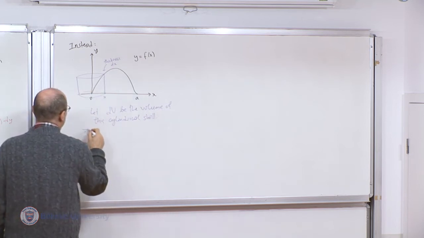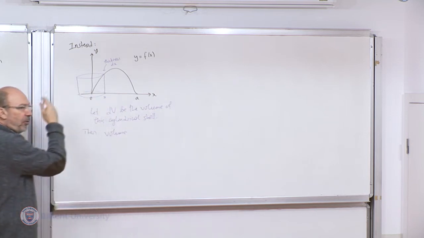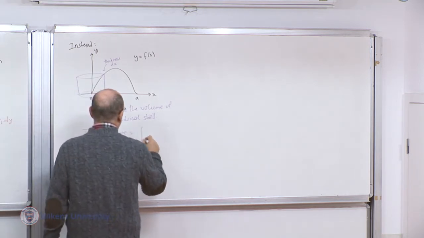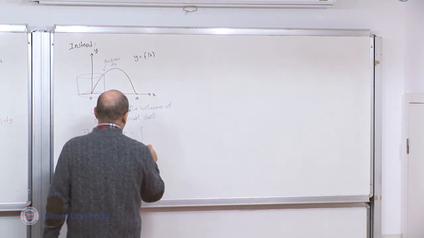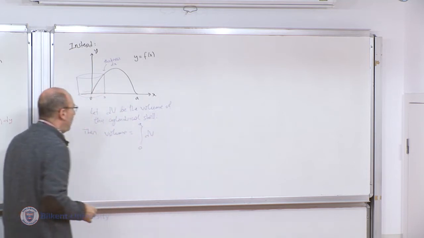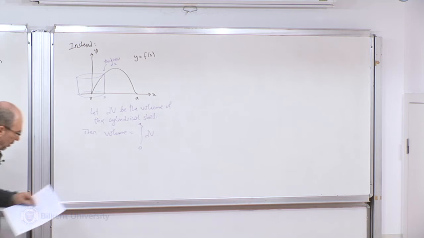Then the volume of the solid obtained by revolving this black curve around the y-axis will be the integral from 0 to a of dV. So it looks like we can write the volume of this in several ways. So let us attempt to write the volume of this.